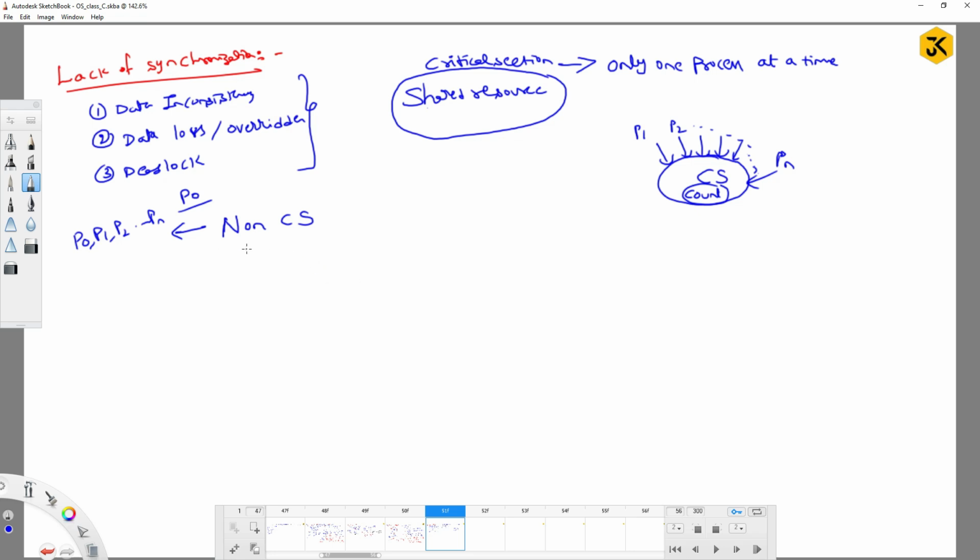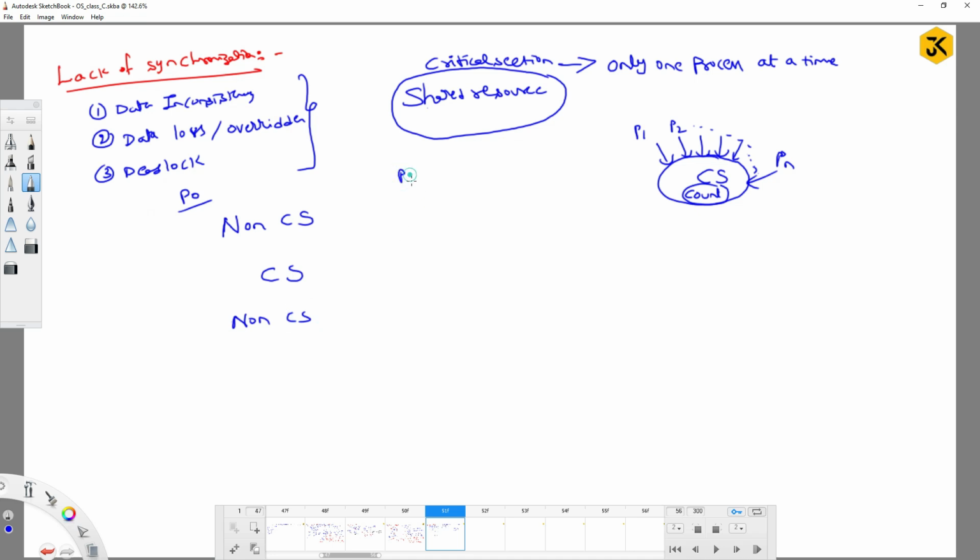So you can have a non-critical section, then a critical section, then again a non-critical section, and again a critical section, like that. If I take a process P0, its code might be non-critical section, critical section and non-critical section.